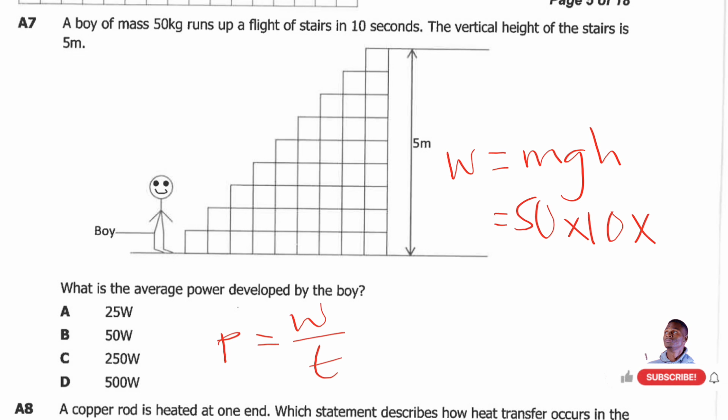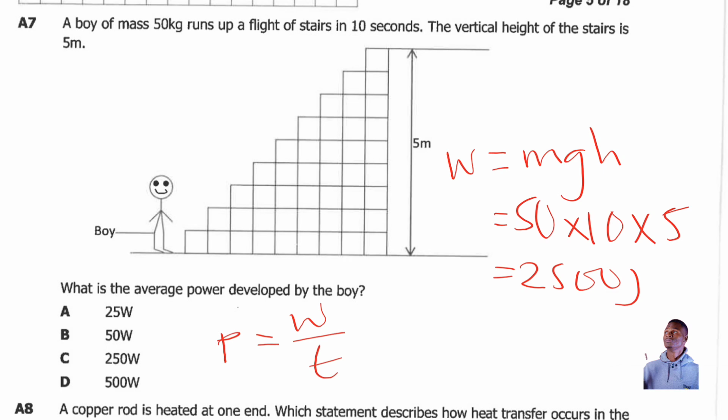What is h? H is height, in meters, which is just 5. So 50 times 10 is 500. Let me just calculate here nicely so I don't make a mistake: 50 times 5 times 10 is 2,500. The units are joules.